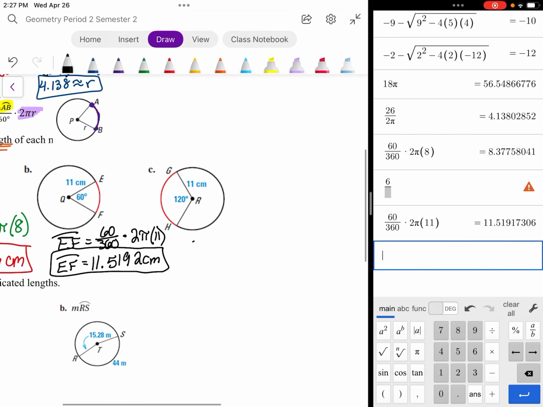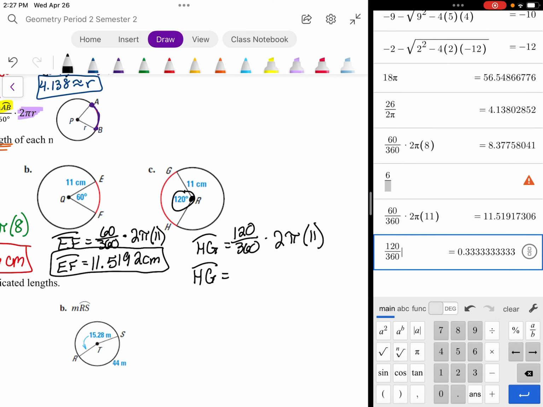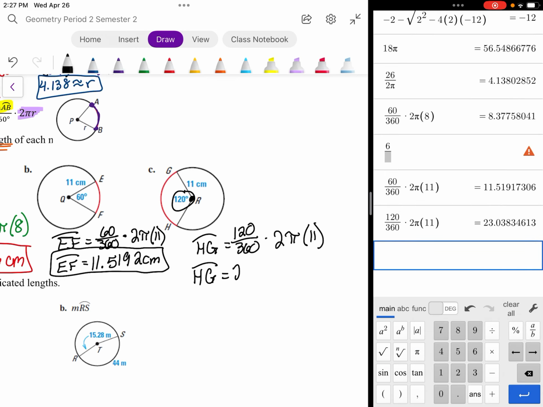Okay. And our last one, if we're looking for the length of HG, we're going to take the fraction using the central angle, so 120 over 360 times 2 pi, and this one, our radius is 11. So we're going to take 120 divided by 360 and multiply that by 2 pi and 11 for our radius.